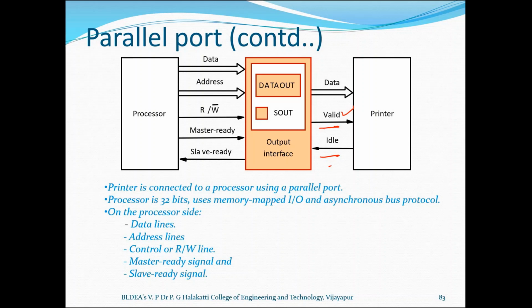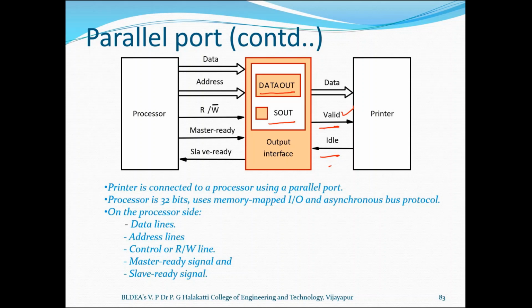Now the printer removes the idle signal and starts printing the character that it has received. The interface has a data register, data out, and a status flag sout.